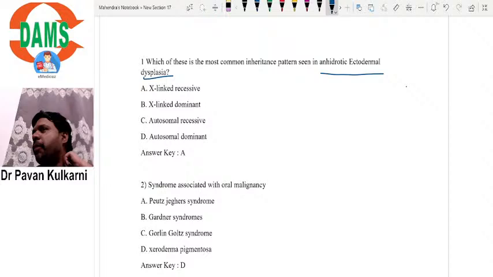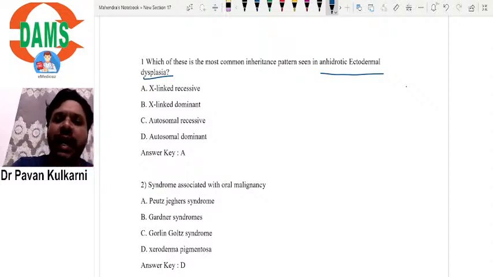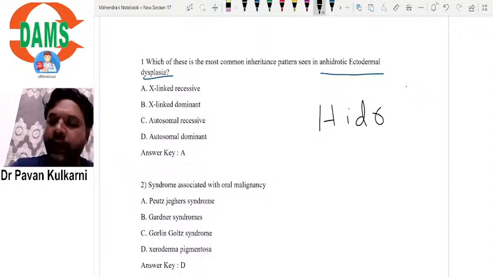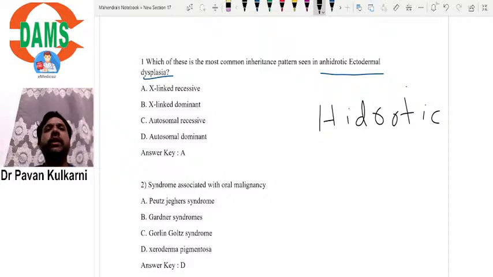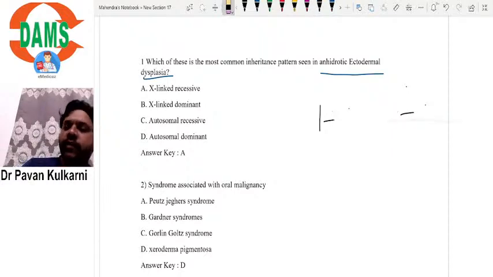There is another type of ectodermal dysplasia called the hydrotic type. In these individuals, there won't be any issue in sweat glands, so sweating will be normal. That is not of concern here for us.